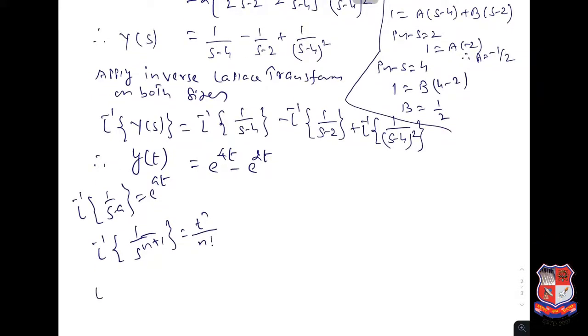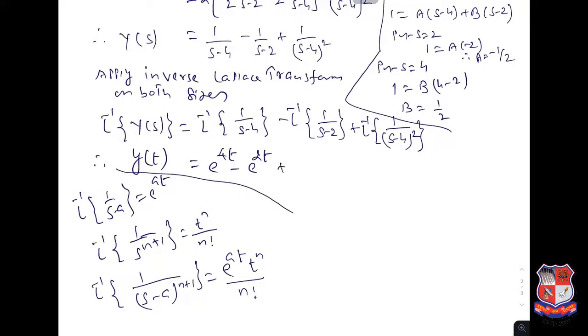And so by applying first shifting theorem, 1 over s minus a power n plus 1 equal to e power at t power n over n factorial. So this is now plus 1 over s minus 4 squared. So this is e power 4t into t power n upon n factorial. Here n plus 1 is 2, so n is 1. So this is t. So this is our answer and final solution of the differential equation. Okay.